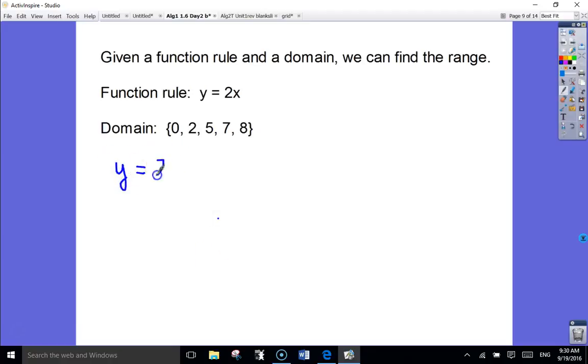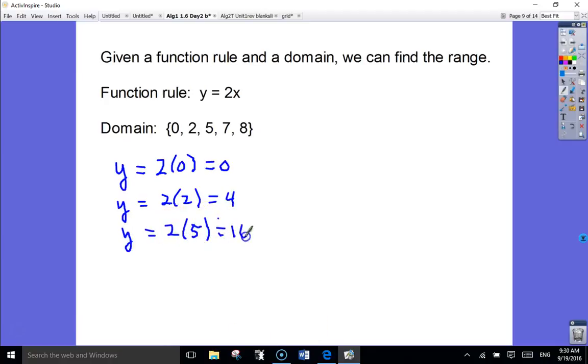How would I find the value of y that goes with x equals 0? Hunter? Yeah, you would plug in all the domain values one at a time into x and calculate, right? Y equals 2 times 0, which is 0. Y equals 2 times 2, which is 4. Y equals 2 times 5, which is 10.